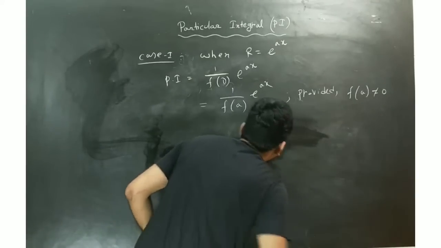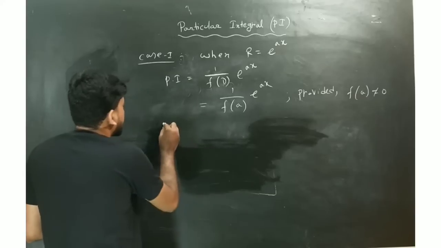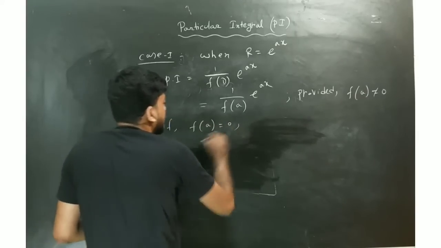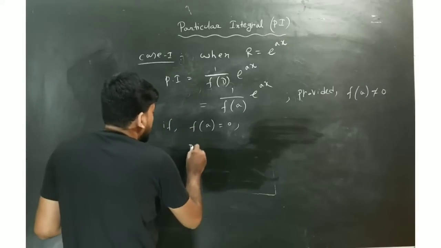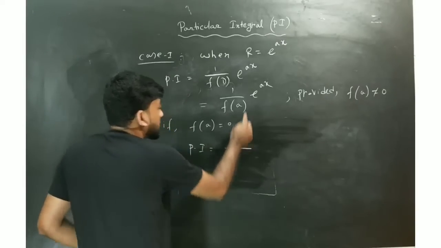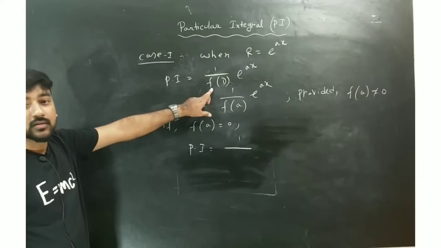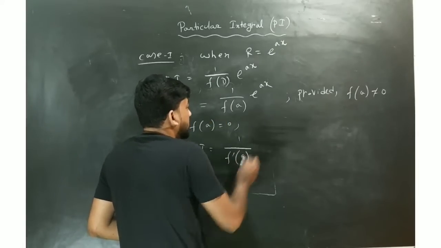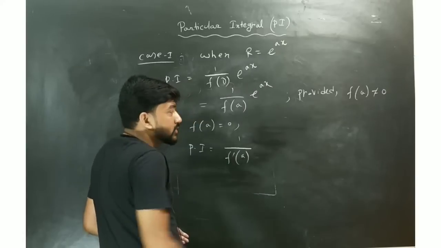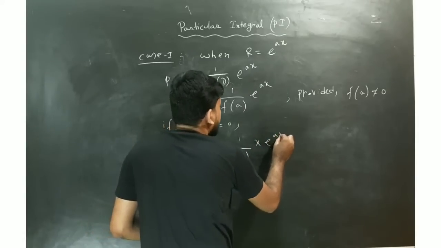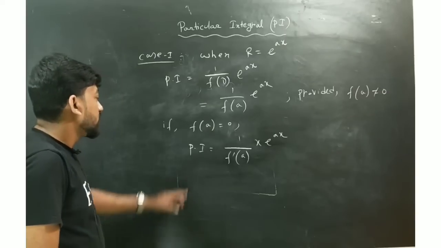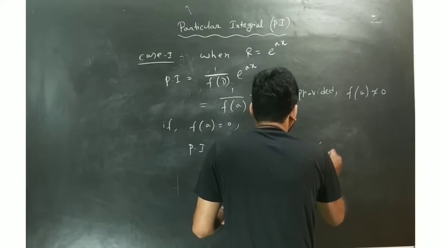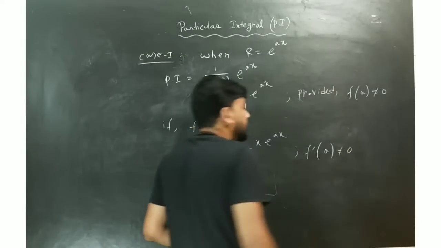In that case, if f(a) is equal to 0, your particular integral will be 1 upon f dash(a), you take the differentiation of f(D) and then put a, and one x will be here, so it will be x e to the power ax. Your particular integral will be in this form, provided f dash(a) is not equal to 0.